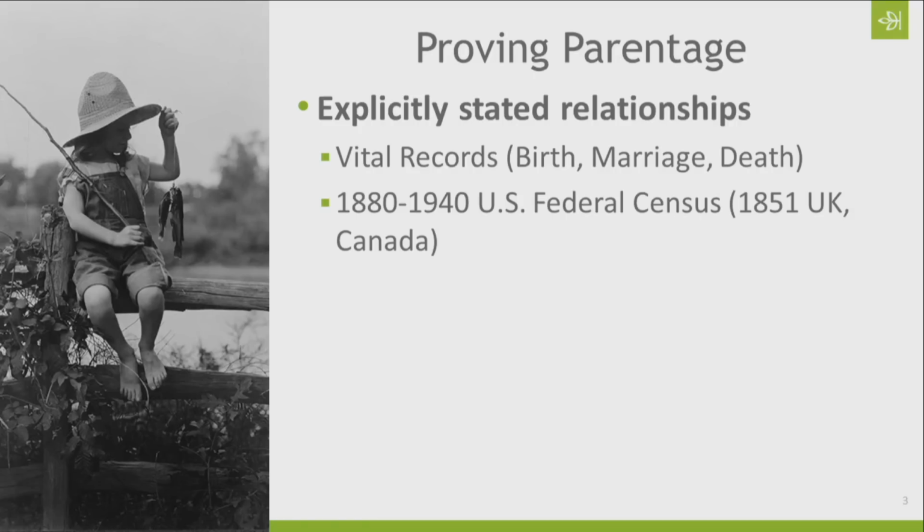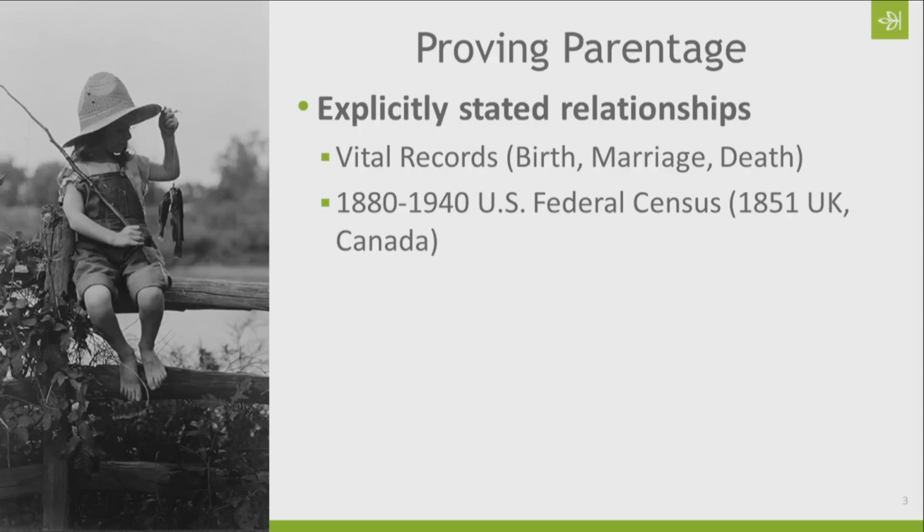So if the head of household is a man and he has listed a wife and 6 children, it is explicitly stated that those children are his sons or daughters, but you cannot assume necessarily the relationship to that wife or to that woman. She might be the mother of some, all, or none of those children. So just something to keep in mind as you're looking at census records.